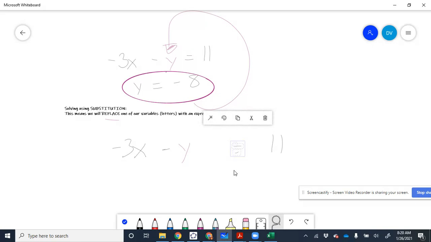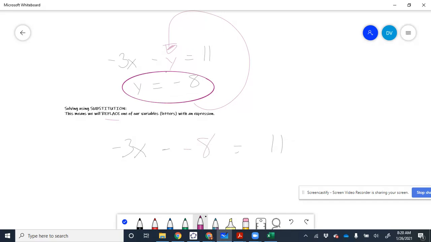So that's the same equation I have on the top, but let me use two words: erase and replace. I'm going to erase that y, and I'm going to replace it with what we said y is, -8, in purple. So remember, there was already a negative in front of that.